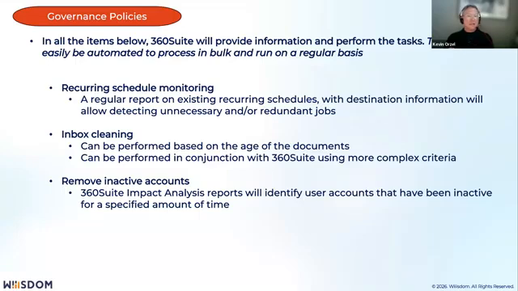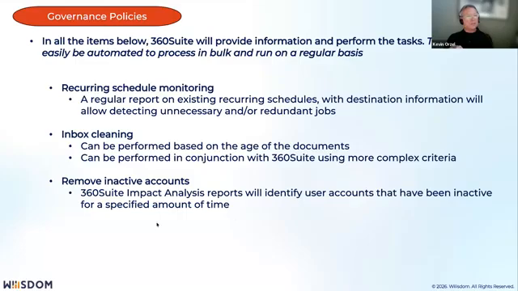Inbox cleaning, based on the age of the instances, can be controlled automatically with the suite. And remove those inactive accounts. If you've got a bunch of users that left the company and they still have BO presences, it's a good time to inactivate them and clean them.